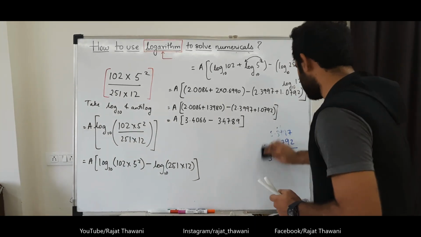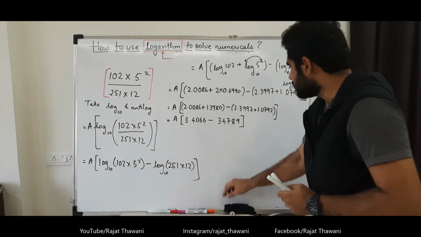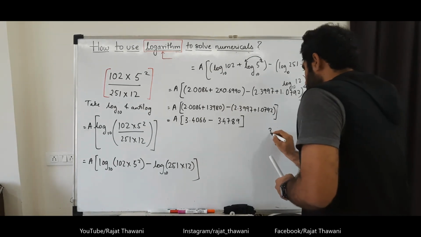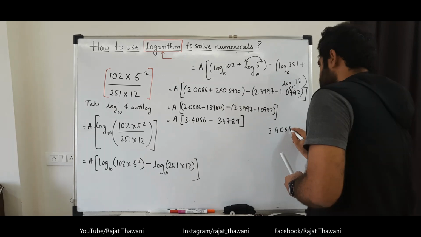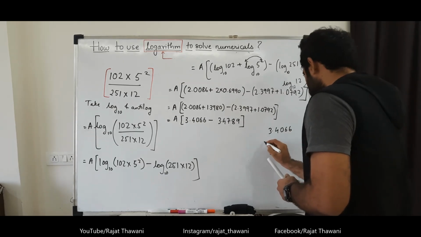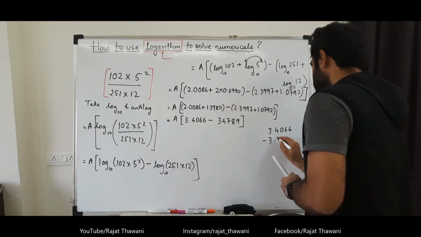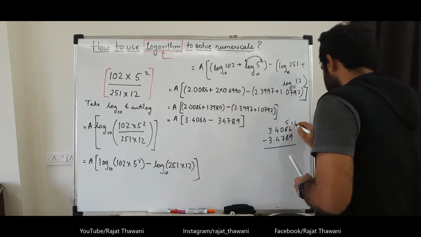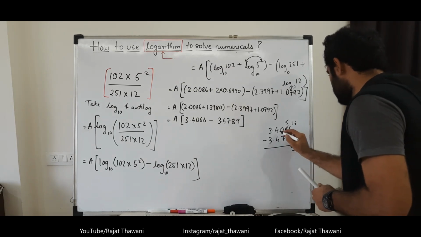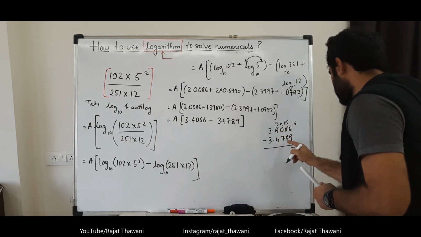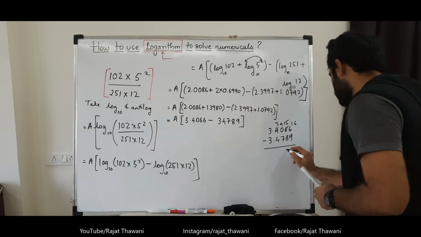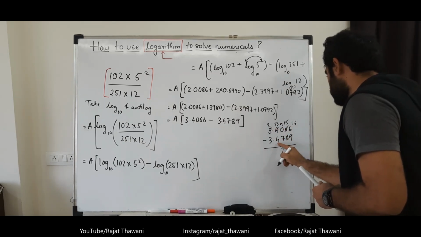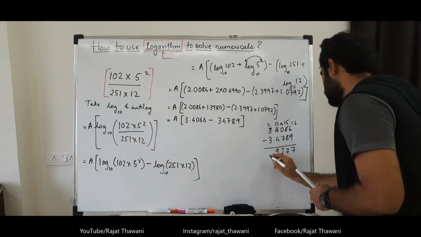Now let's subtract it. You can see the number here is bigger than this, so there will be a slight change. 3.4066 minus 3.4789. 13 minus 4, 9 point.